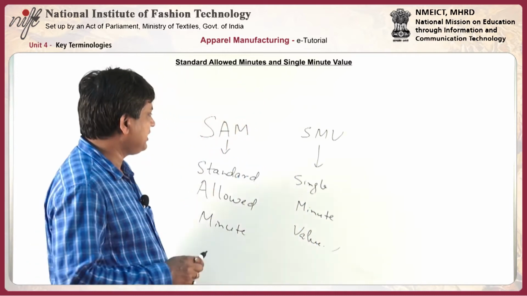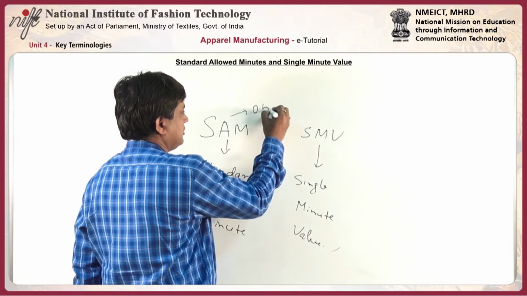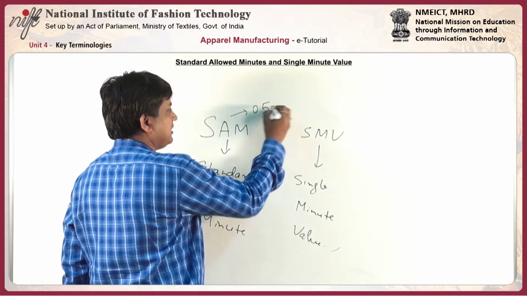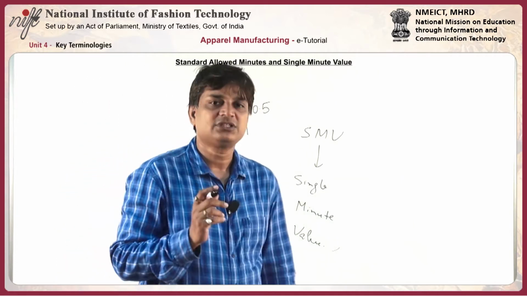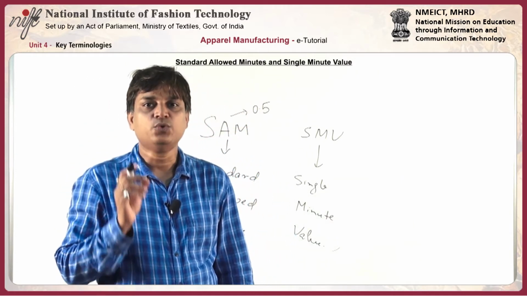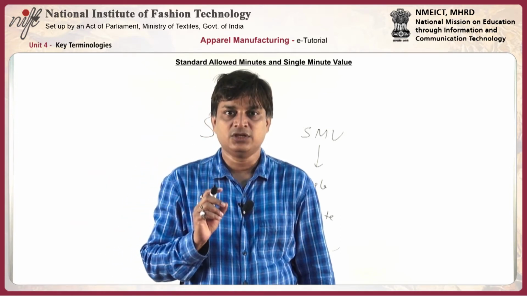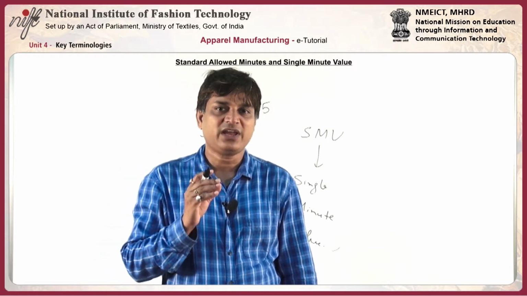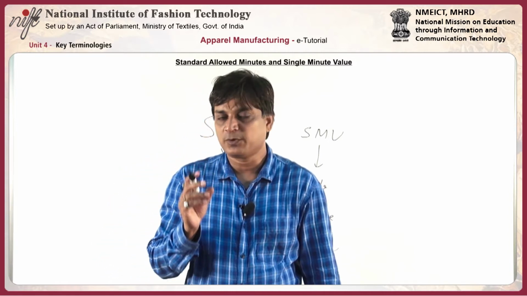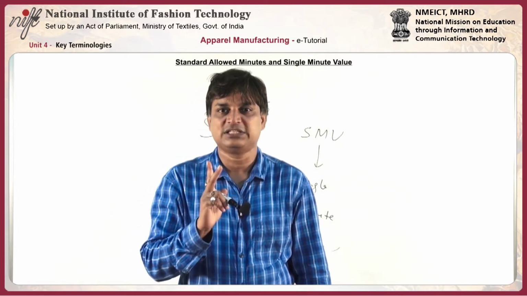Now we have to set a target for an operator who is doing the collar run stitch operation. So 0.5 minute is the SAM, so in a minute his target should be 2 pieces.